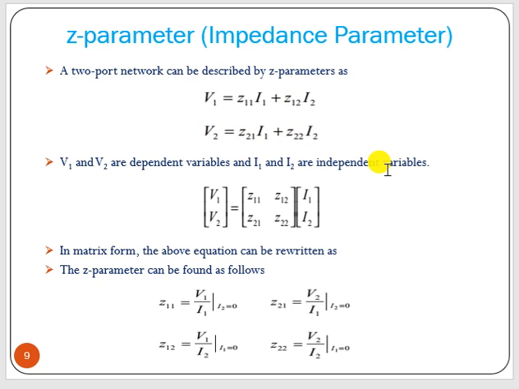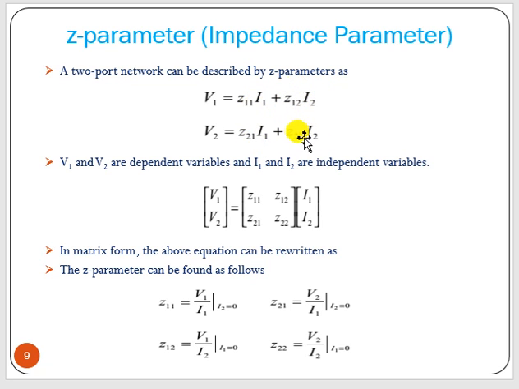Now you can write this in matrix format: V1, V2 equals the matrix Z11, Z12, Z21, Z22 times I1, I2.